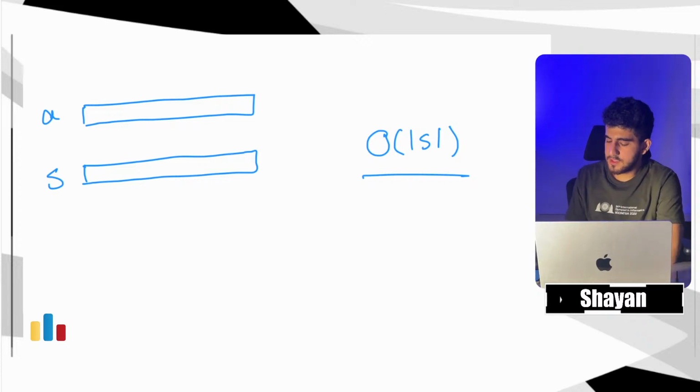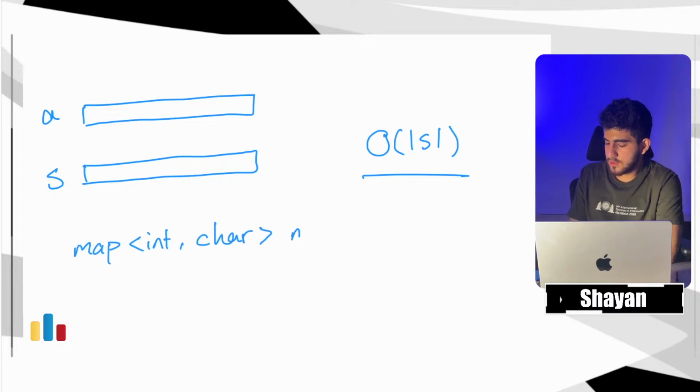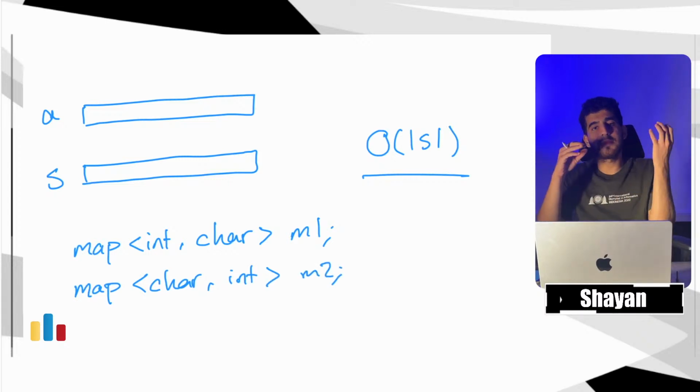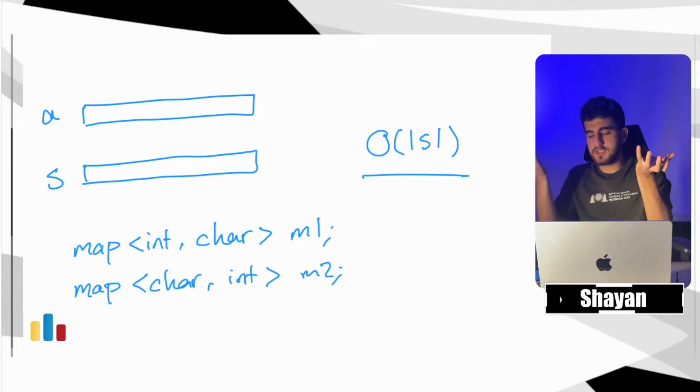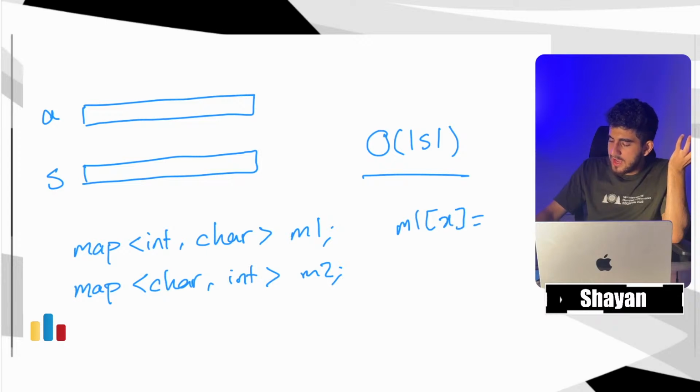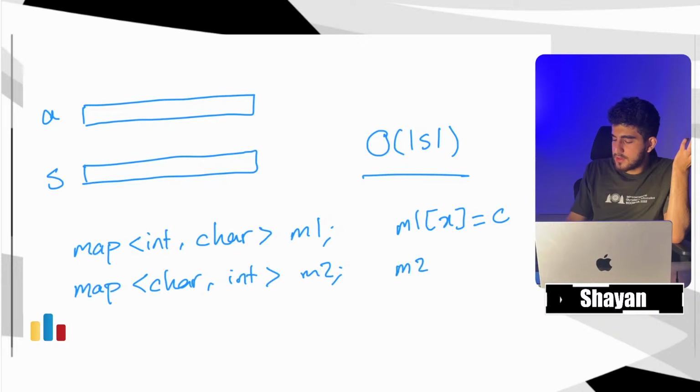I can define two maps, one map from int to char, let's call it m1, and another map from char to int, and name it m2. A map, as the name suggests, just maps some object to another object. The first one maps any int like x to any character like c. m2 maps any character like c to an integer like x.